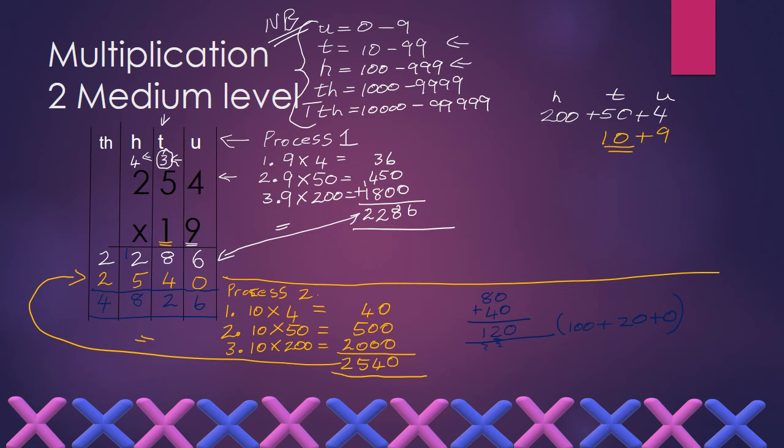So if we were to take these two numbers, that answer and that answer, and we were to add them, they would equal exactly the same, 4826. So we can see by using these two methods, we can actually come to the same answer.